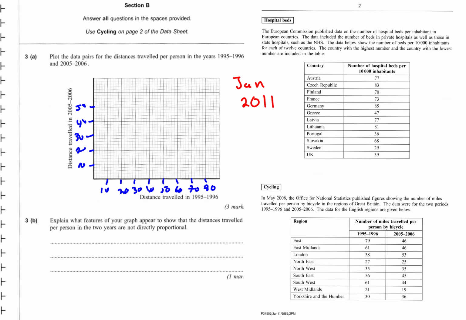And 53 will be here. So I should actually do that. So this one here is 10, 20, 30, 40 and 50. Obviously on your exam paper the grid will be a lot larger and you'll be able to see the grid lines. Obviously on mine, because it's an image, it makes it slightly different.